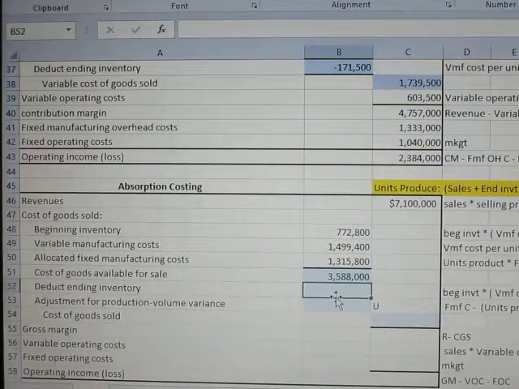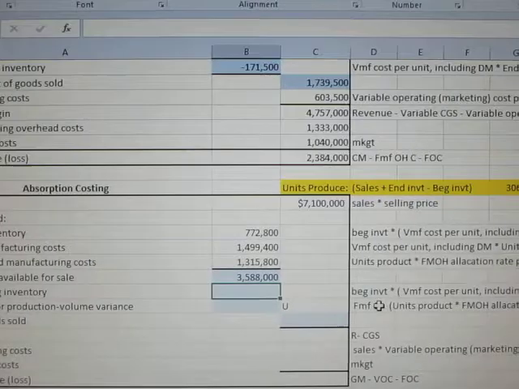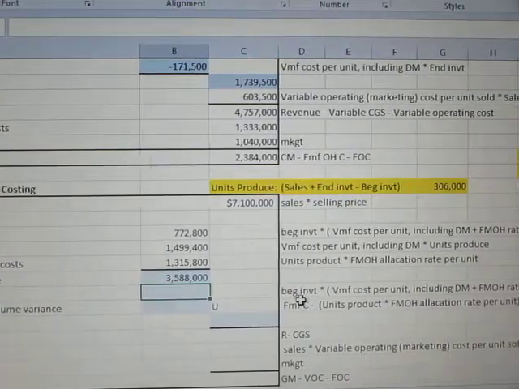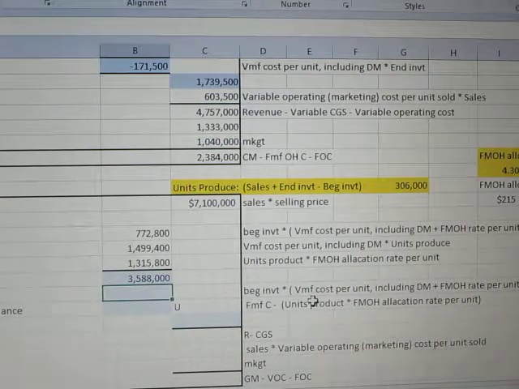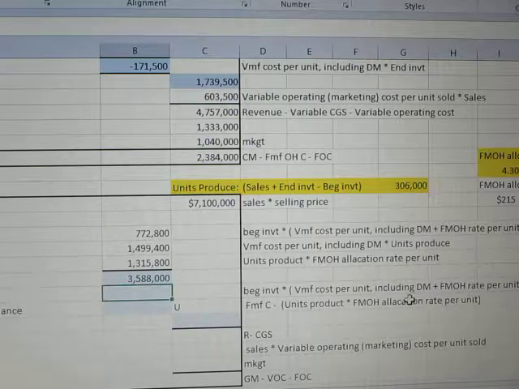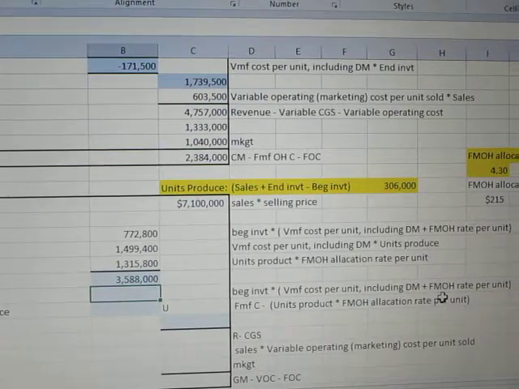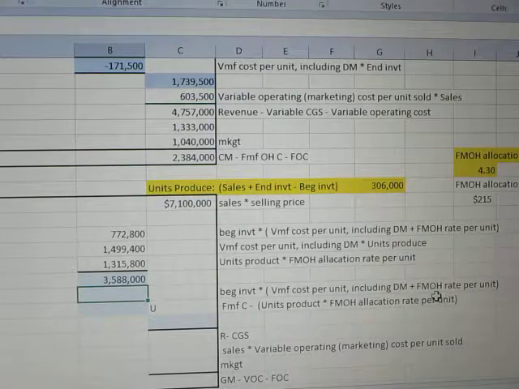Okay. To get the ending inventory, I wrote the formula here, the ending inventory times variable manufacturer costs per unit, including DM, plus fixed manufacturer overhead rate per unit.